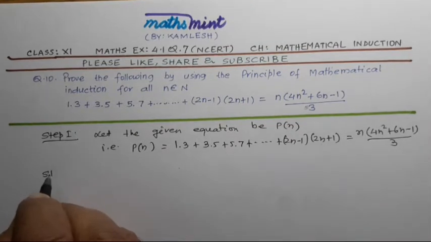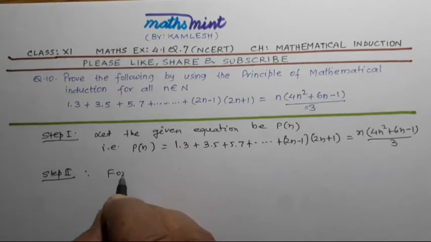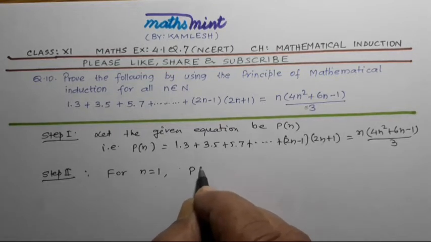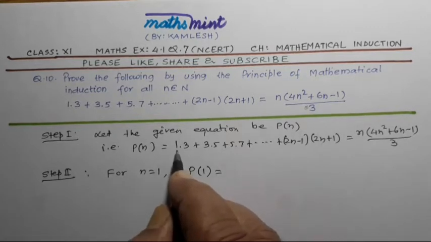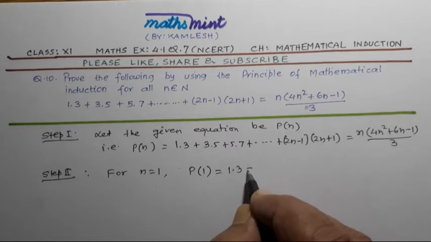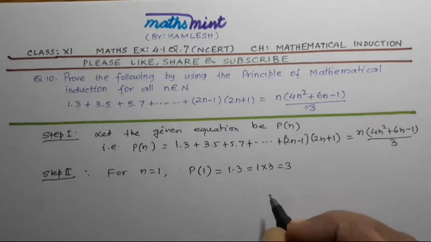Step 2 is for n equal to 1, so P of 1 will be, first number is 1.3. 1.3 will be equal to 1 into 3 equal to 3, right?